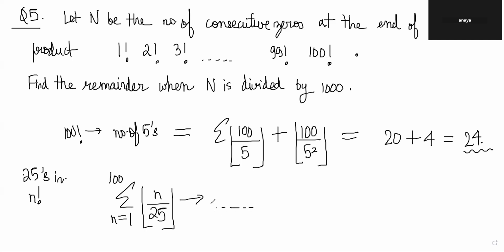Those will add extra powers of 5, right? If you add that up, then you'll get the correct value. 975s were there, but there are more powers of 5 than you have said. It's not 54.